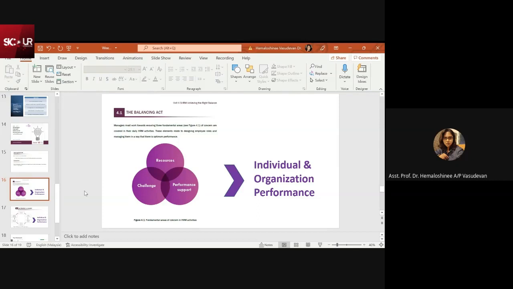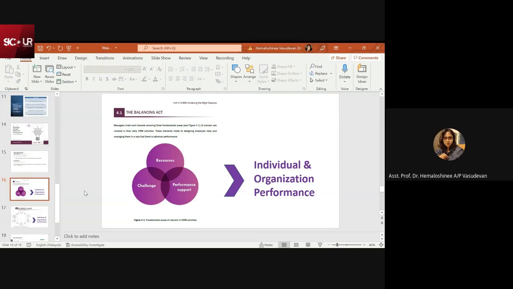So if the HR manager plans the resources accordingly, they identify what the challenges are from the external and internal. They have to know the weaknesses of the organization itself, and what opportunities they can gain from the outside. From there, the performance support comes from the employee.